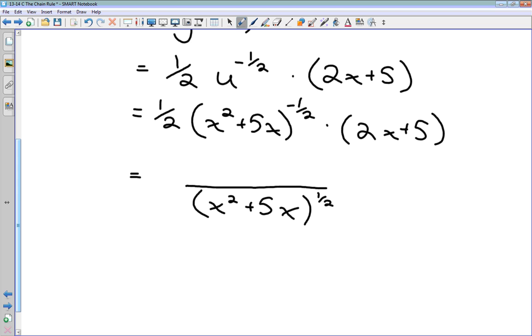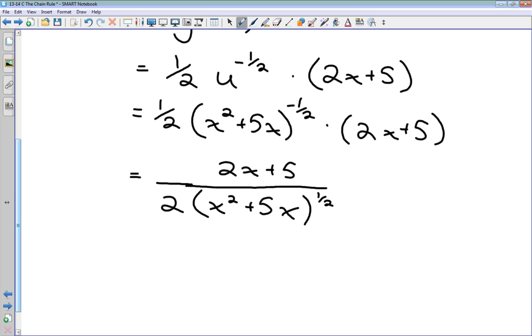This 2x plus 5 is going to stay up in the numerator. The 1/2 out front is a 1 over 2, so we could put the 1 up in the numerator and the 2 down in the denominator. So we don't really write the 1, we just stick the 2 down there. And there would be our final derivative expression.